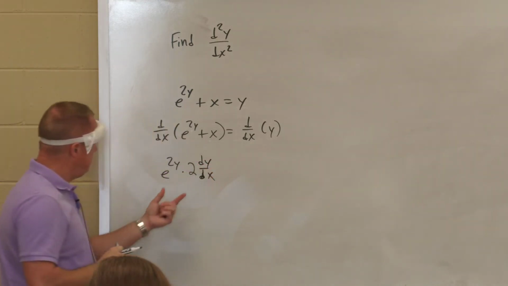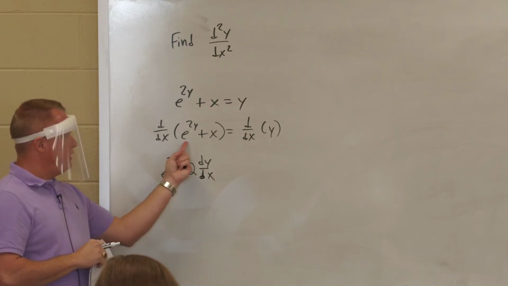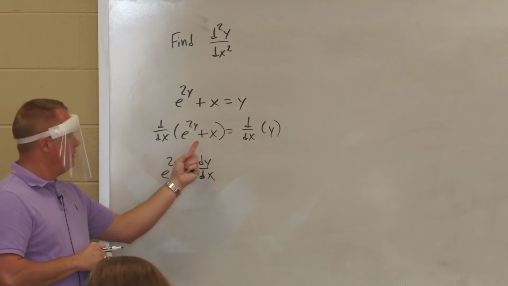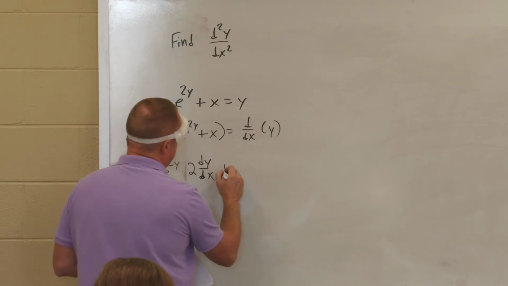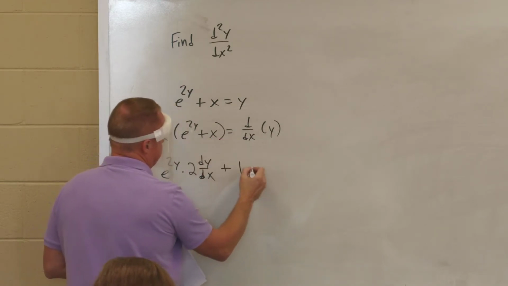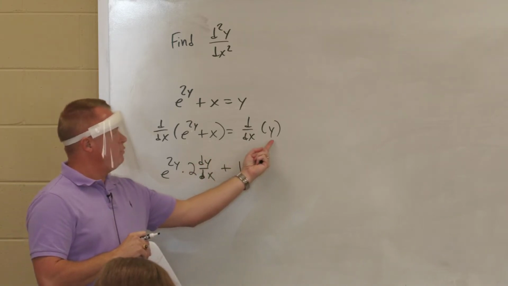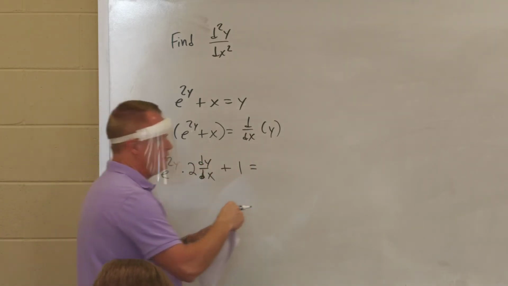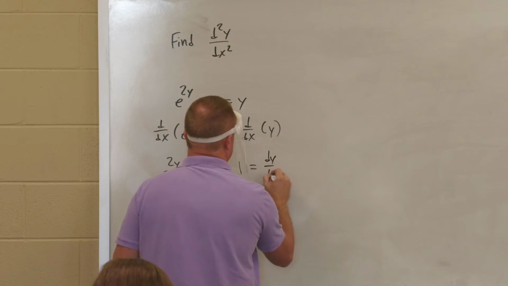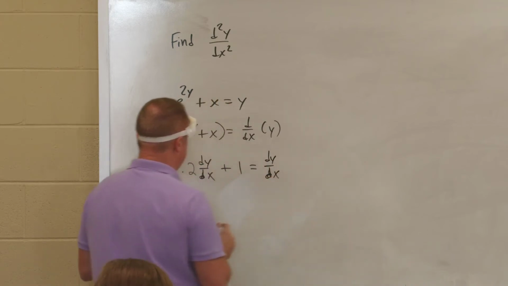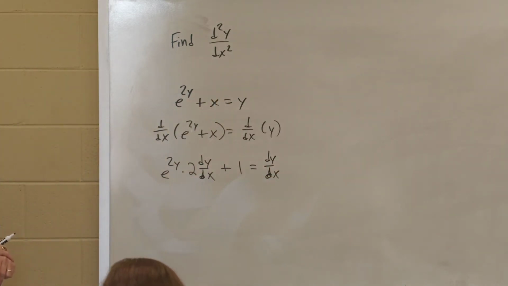Okay, so that is the derivative of e to the 2y, plus the derivative of x would just be 1. On the right side, the derivative of y with respect to x is just dy/dx. Any questions about that?